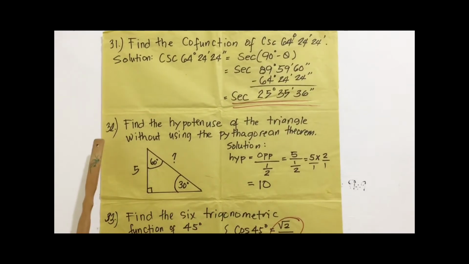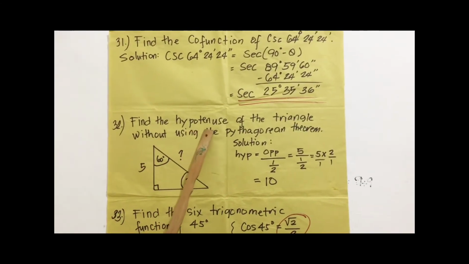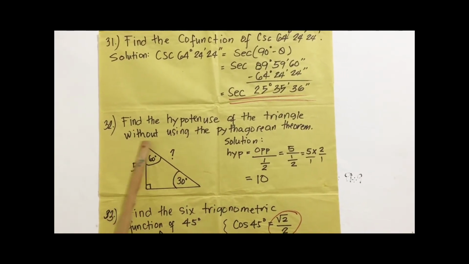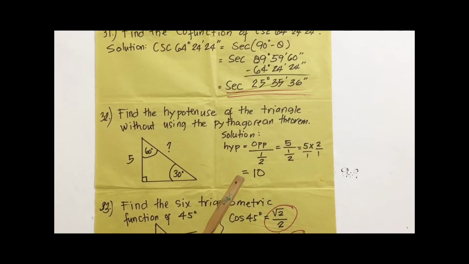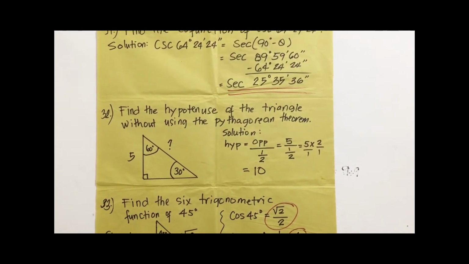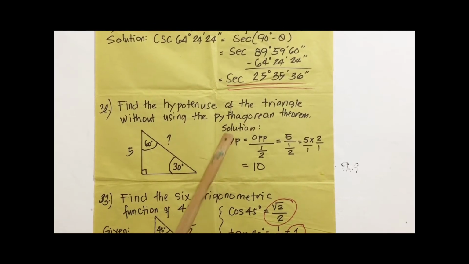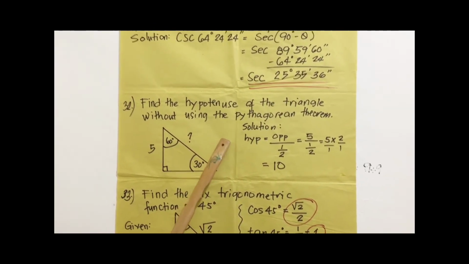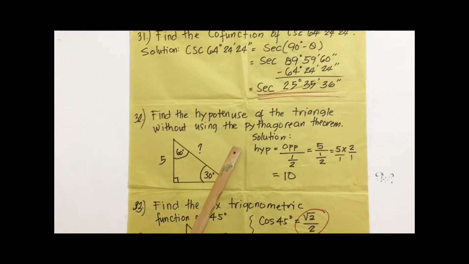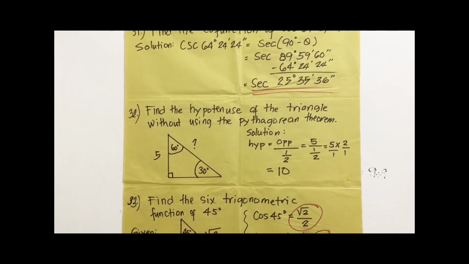Next, number 32. Find the hypotenuse of the triangle without using the Pythagorean theorem. This is another approach, because with the Pythagorean theorem we use the standard formula, c squared equals a squared plus b squared.